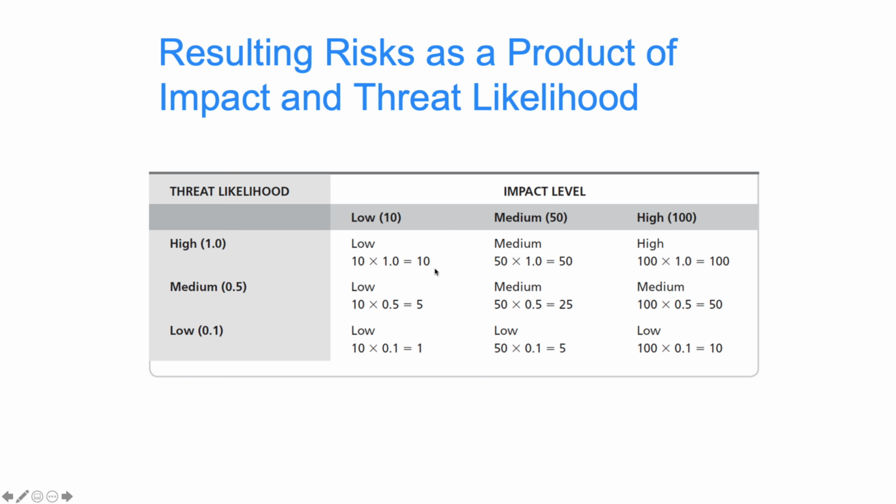And then what we're going to do is multiply the metric from the impact level by the metric from the likelihood. And then we get this grid of how likely is something to happen and the impact of it happening. And then we can even make a color system.